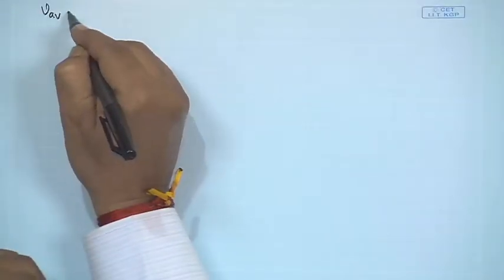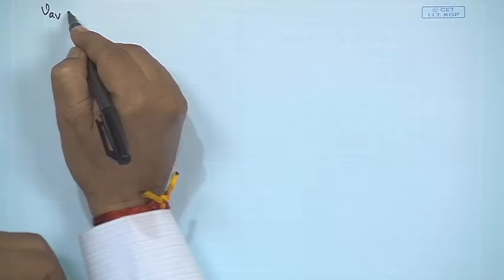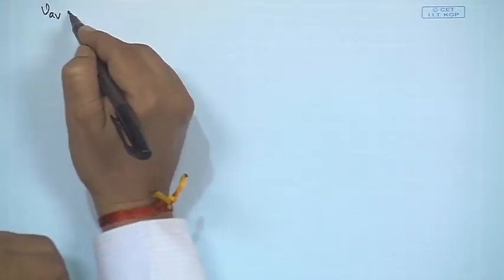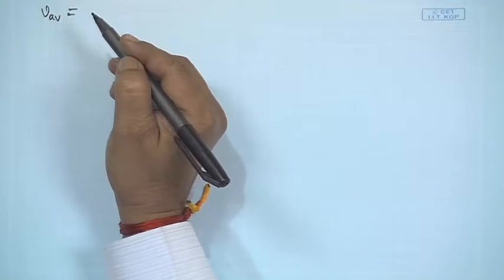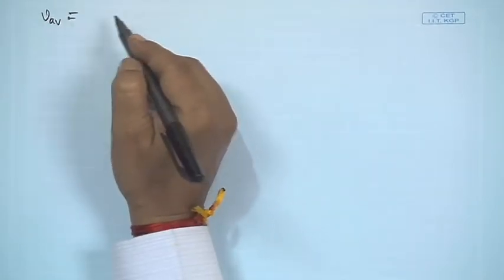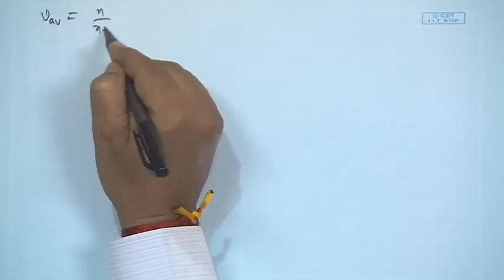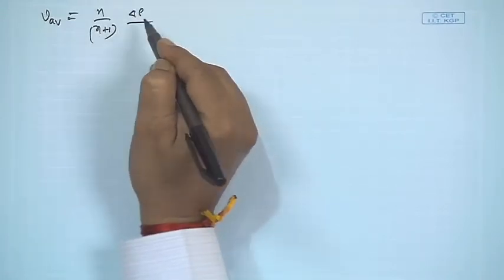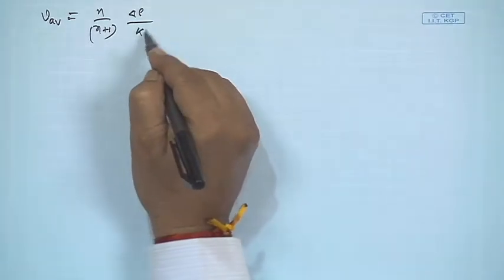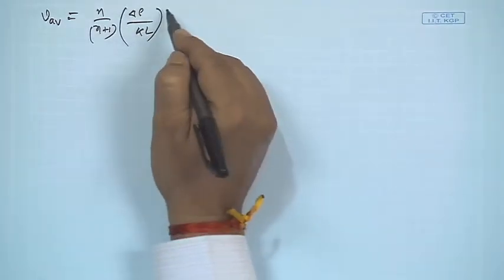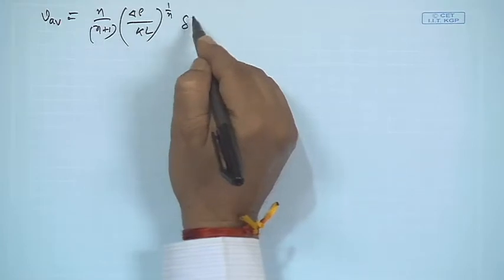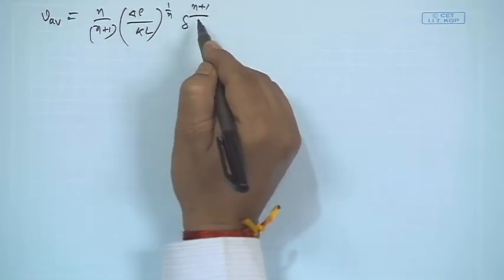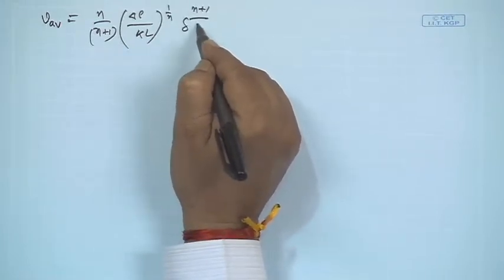Now, if we look into this, V average for the non-Newtonian fluid was n by (n plus 1) into (delta p by KL) to the power 1 by n, del to the power (n plus 1) by n.